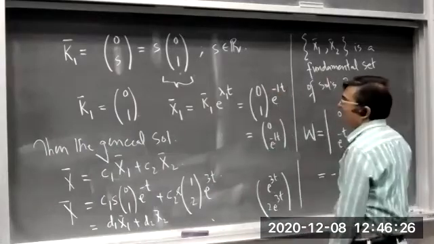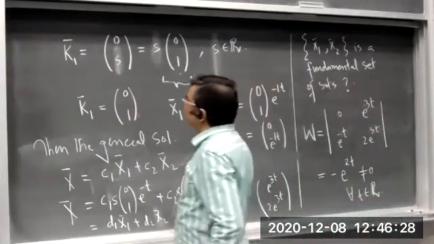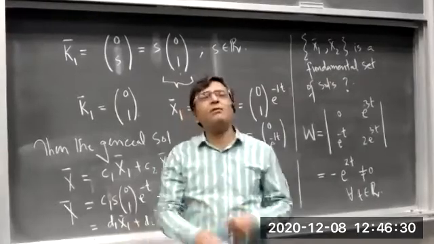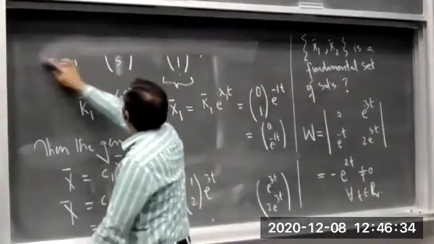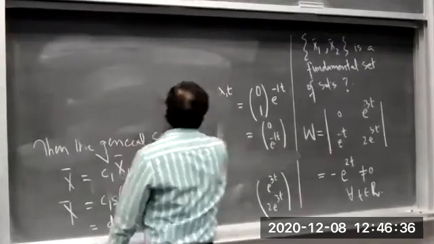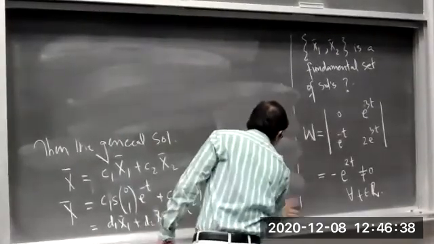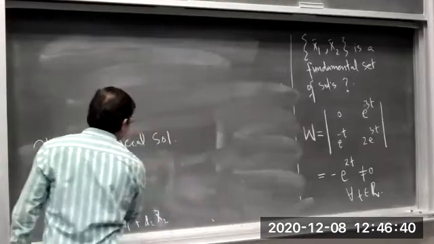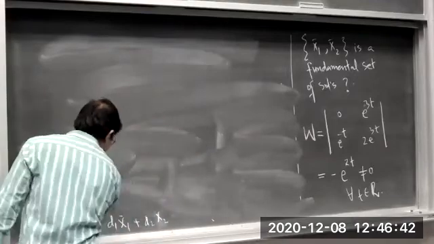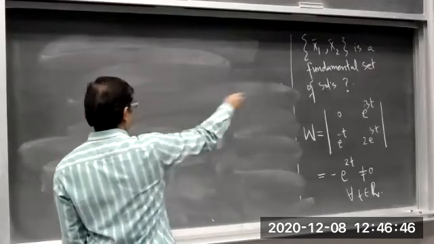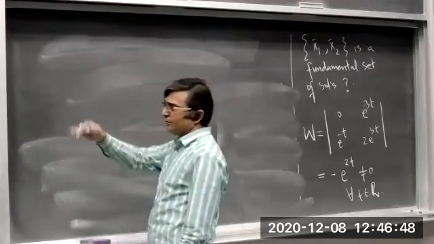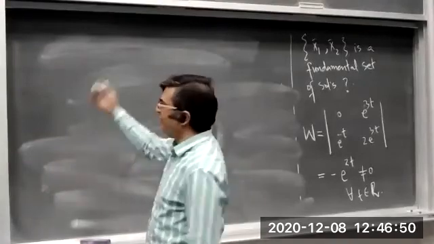Case 2 is when the eigenvalues, or some of the eigenvalues, are repeated. Then what do we do in that case? In case 1, when the eigenvalues are real and distinct, we can write the solution in this way. I told you in the previous lecture as well for a general value.